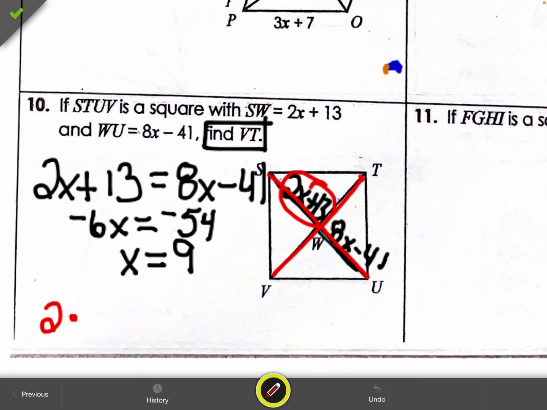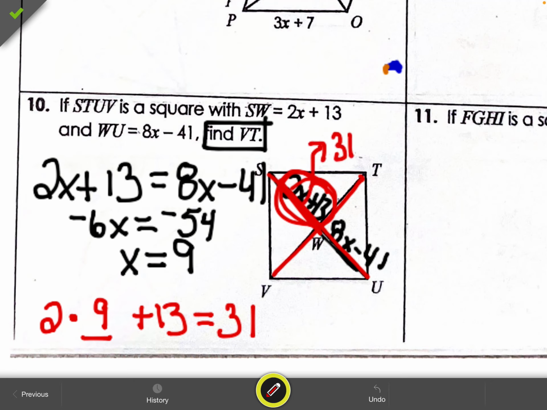But I'm going to say 2 times, what did we just figure out x was? We just figured out x was 9, plus 13. I'm just plugging it into the 2x plus 13. So that'd be 18 plus 13, so that would be 31. Okay, so this piece right here, the 2x plus 13, we just figured out is 31, we don't know, inches, yards.